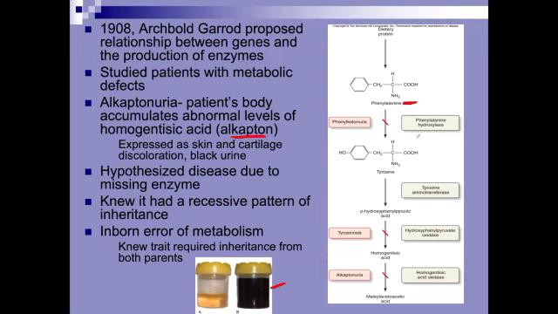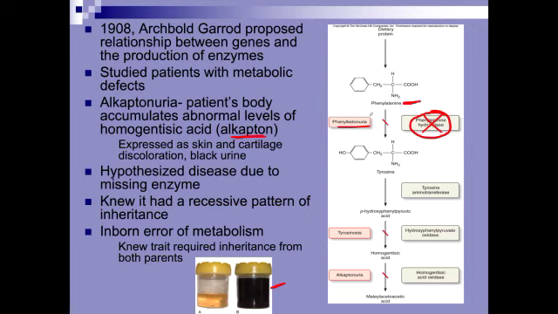If a patient has a genetic mutation in their gene for phenylalanine hydroxylase, then they have a disease known as phenylketonuria. In phenylketonuria, this enzyme does not work, so they have an excess buildup of phenylalanine. Now, this can become deadly to a patient. It can be a big problem, but it is easily controlled through diet.